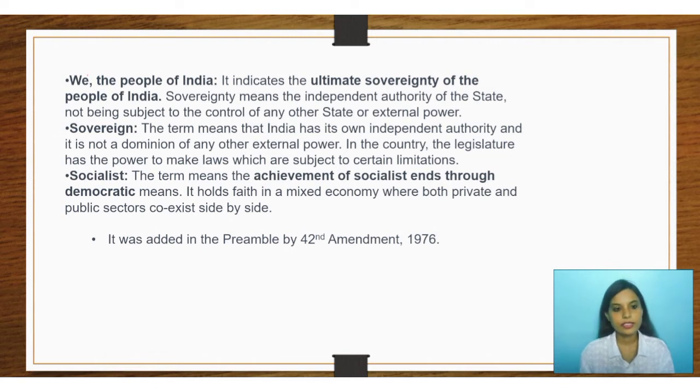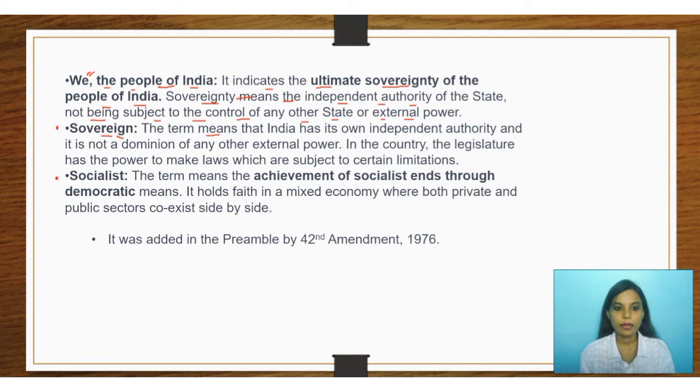Of course, this is written in the preamble: we the people of India. This indicates the ultimate sovereignty of the people of India. Sovereignty means the independent authority of the state, not being subject to control of any other state or external power, like totally independent. So we are discussing the terms that are written in our preamble.